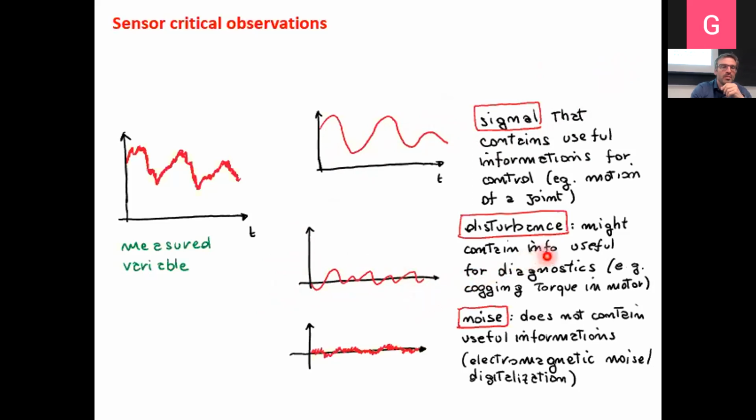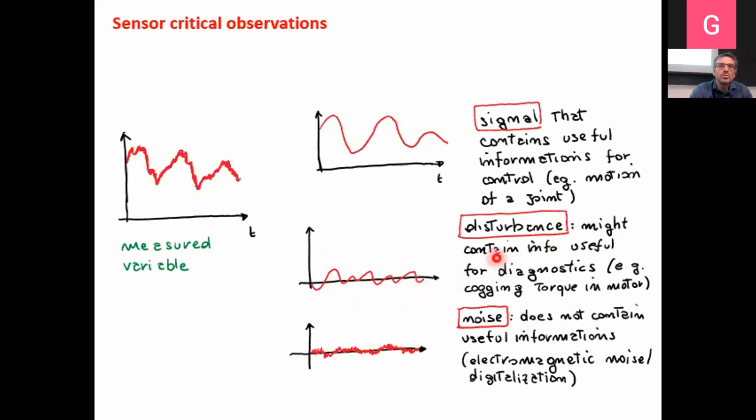For example, in the case of an electric motor, you have the cogging torque that is related to the fact that the electric motor has a not infinite number of poles. So there is a ripple in the torque that the motor transmits due to this finite number of poles. And this ripple you want to compensate because it creates vibrations, for example.